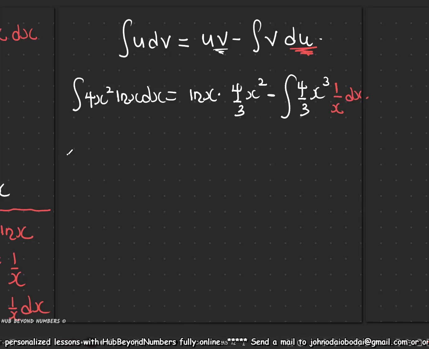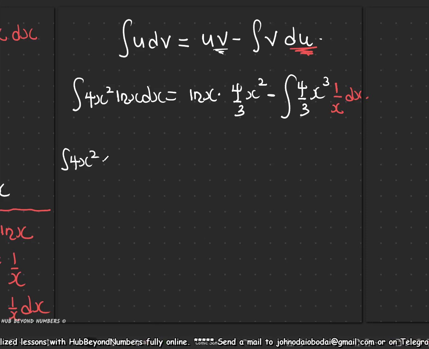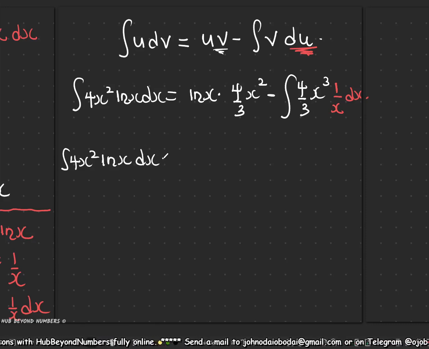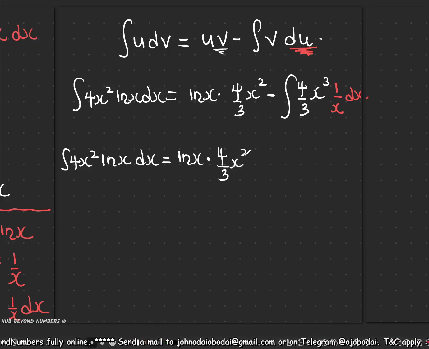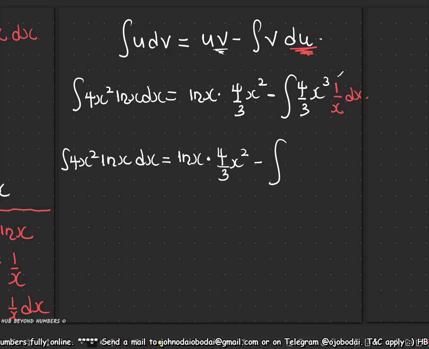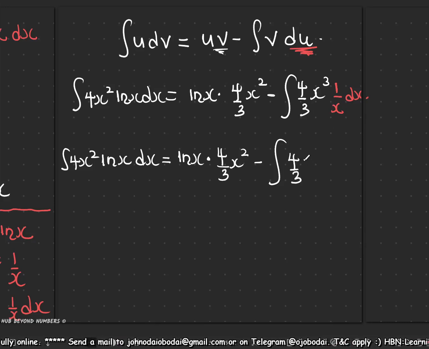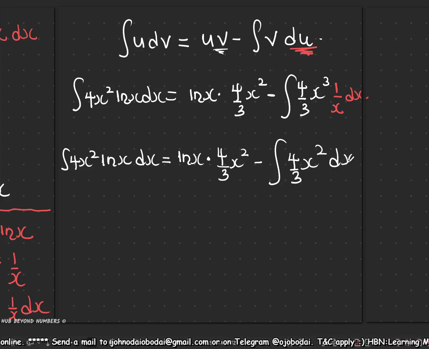So it simply means the integral we want of 4x squared ln x dx is equal to ln x times 4 over 3 x cubed minus the integral of 4 over 3 x squared dx.